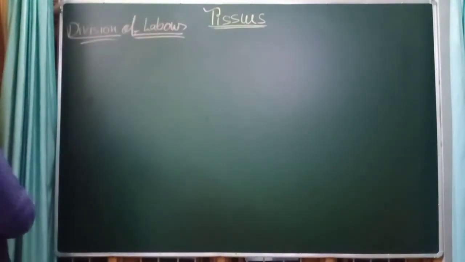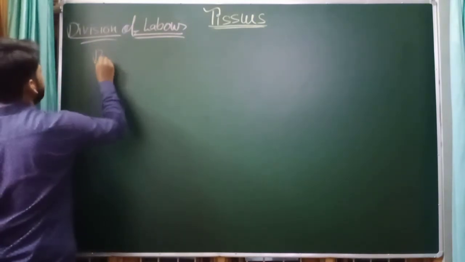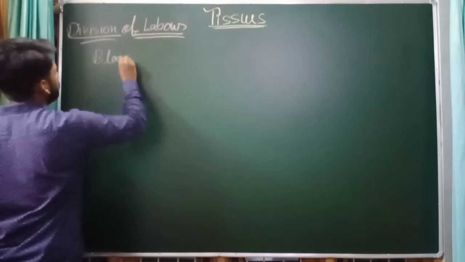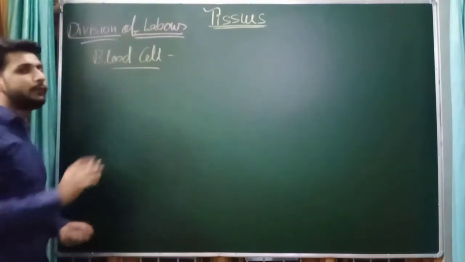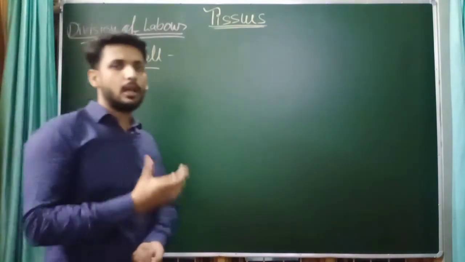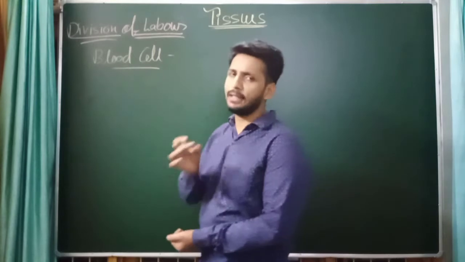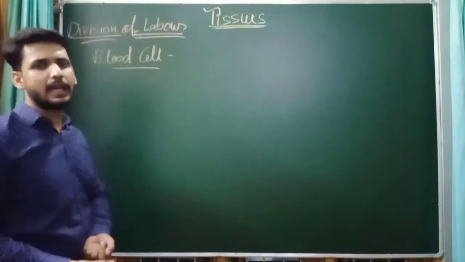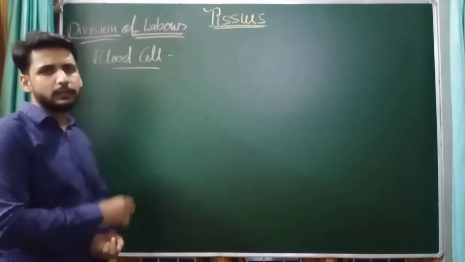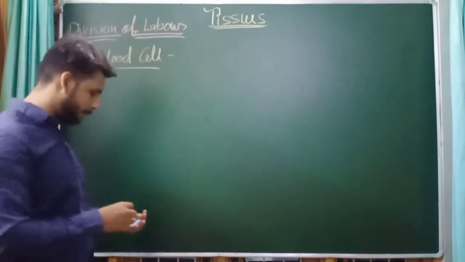Let's take an example of blood cells. What is the function of blood cells? There are different types of blood cells: RBCs, WBCs, blood platelets, and plasma. These are the components blood is formed of. So let's take RBC.